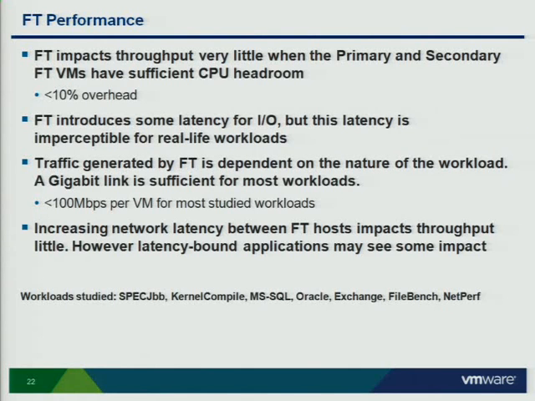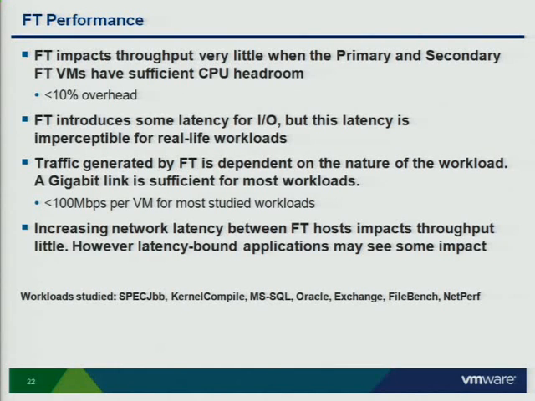The traffic generated by FT is heavily dependent on the nature and the type of workload you're running in the VM. What we're seeing is that a 1 gigabit link for your FT logging network is sufficient for most workloads out there. And that's actually our recommendation, to run at least a 1 gigabit per second link between your FT primary host and the secondary host.